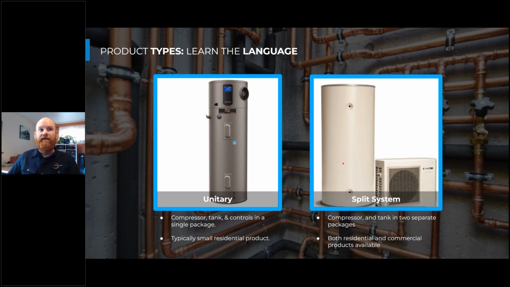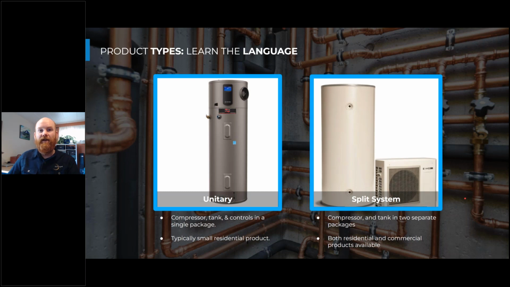The main difference here is that it's split apart, and this heat pump can be located remotely to the storage tank, which gives us a lot of great design flexibility. So we might be looking at this type of system for most applications.